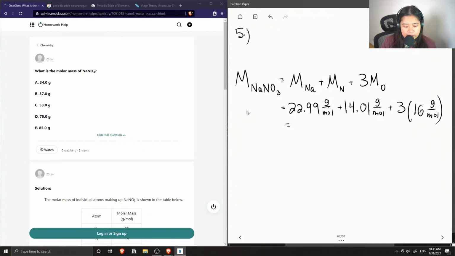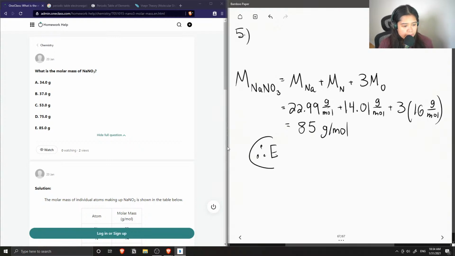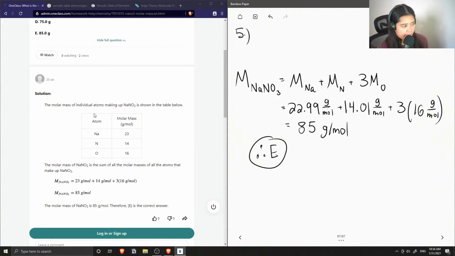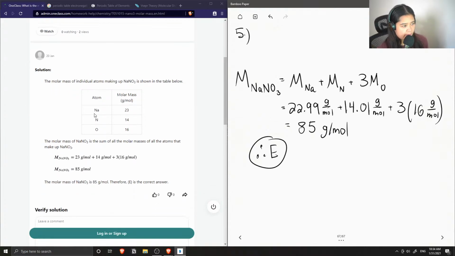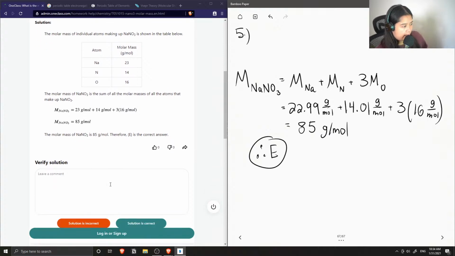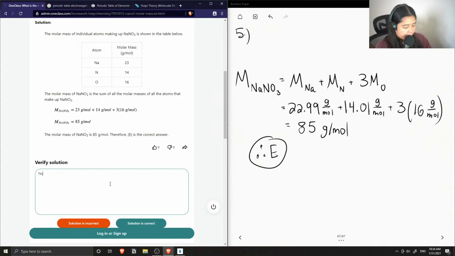So adding all these values up, we get a total molar mass of 85 grams per mole. So this is option E for the multiple choice. And the junior tutor said that the molar mass of individual atoms making up sodium nitrate is shown below. And they also got 85 grams per mole. So this solution is correct.